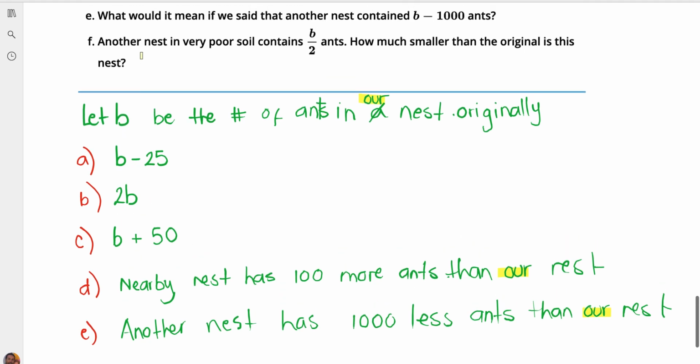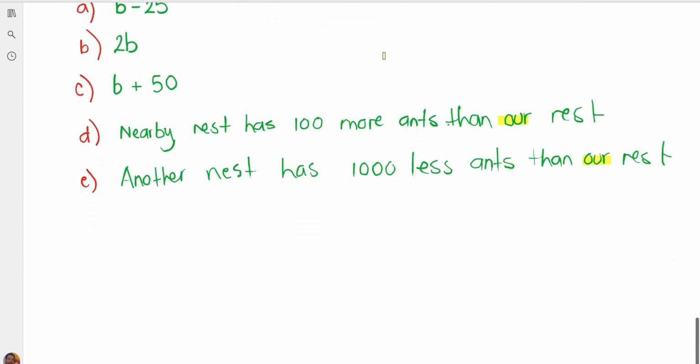Lastly, another nest contains B divided by 2 ants. How much smaller than the original is this nest? So this nest, what will happen?